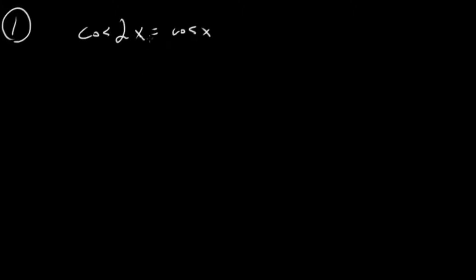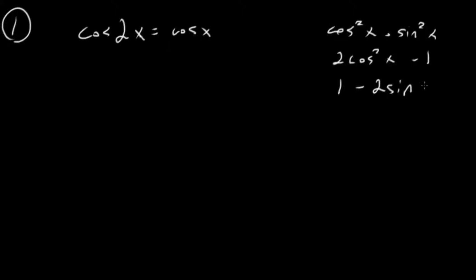So cosine 2x, there's many different formulas for cosine 2x. We got cosine squared x minus sine squared x. We have 2 cosine squared x minus 1, and we have 1 minus 2 sine squared x. And so we have 3 possibilities here, and I think the best one is number 2.